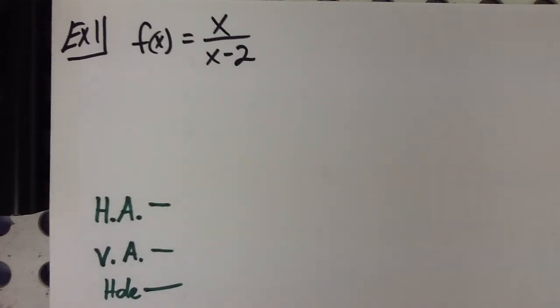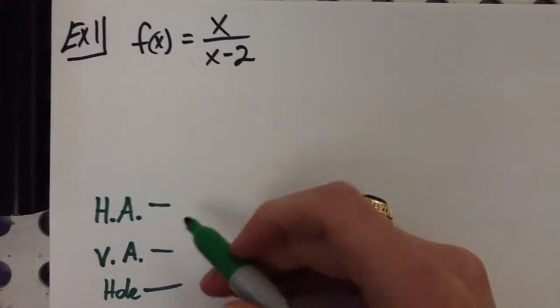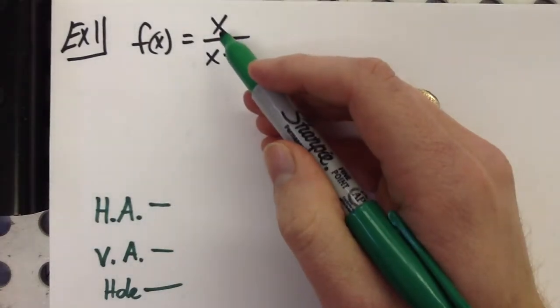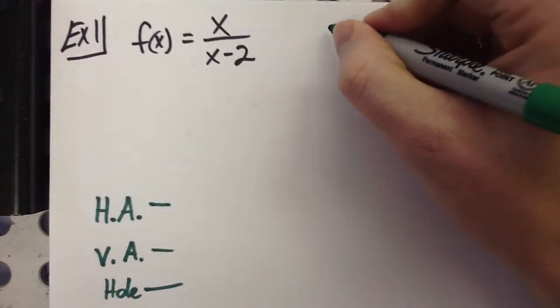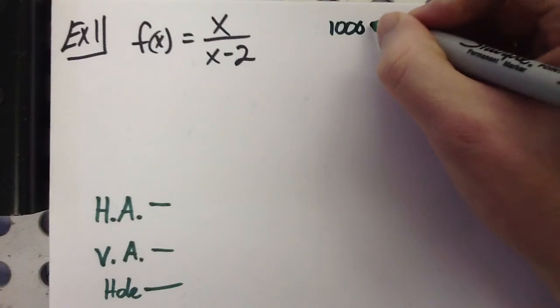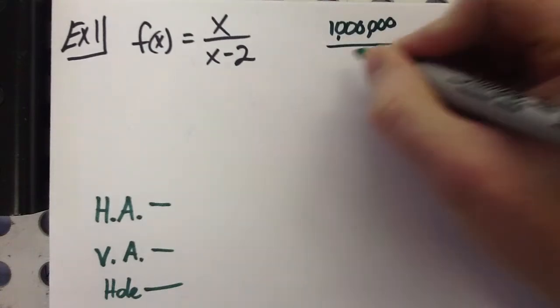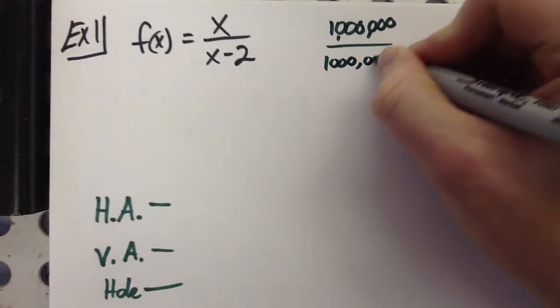All right. First thing, horizontal asymptote. So the two ways I said to find that is to plug in something huge for x. So imagine we plug in 1,000,000 for x, okay? So be 1,000,000 over 1,000,000 minus 2.